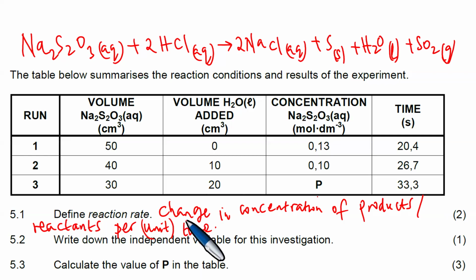What is reaction rate? Change in concentration of products or reactants per unit time. If you don't want to say it like this, it refers to the amount of moles.